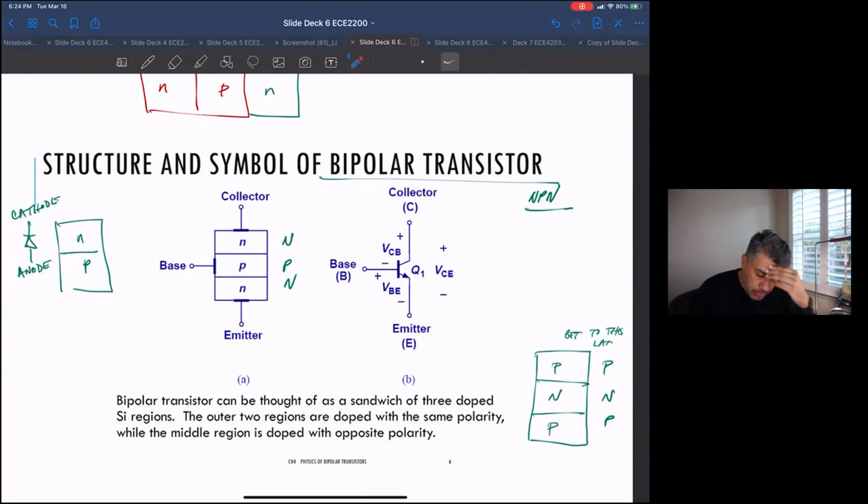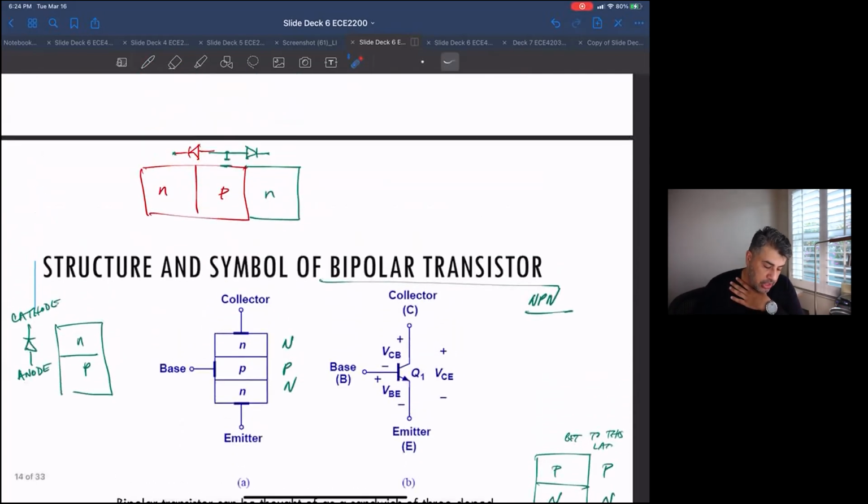So now, because we have three terminals, now remember in a diode, we just had two terminals, so one voltage we really have to worry about. So we just had VD versus ID.